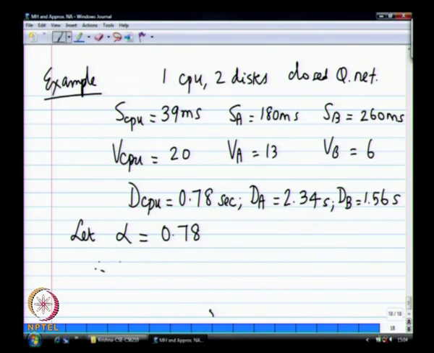Therefore y_CPU equals 1, y_A equals 3, y_B equals 2. y_i is alpha d_i, so divide everything by 0.78, you get it.